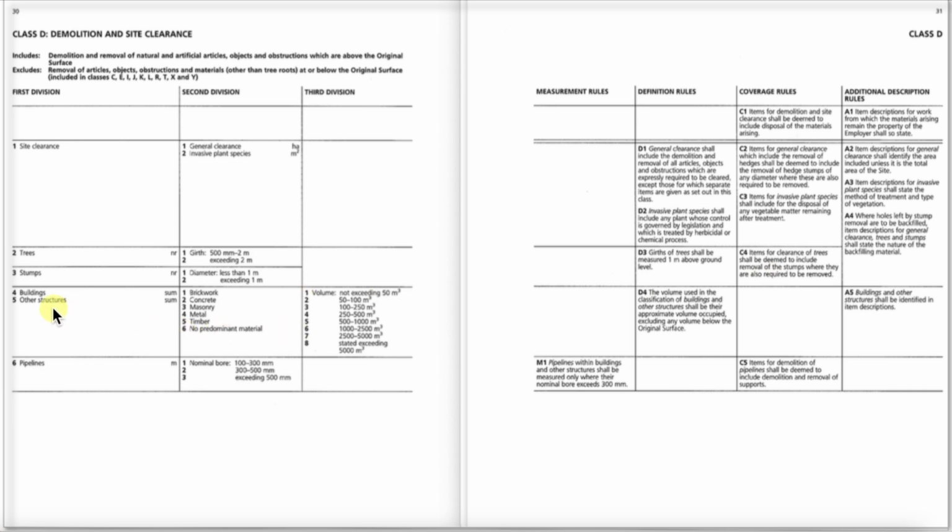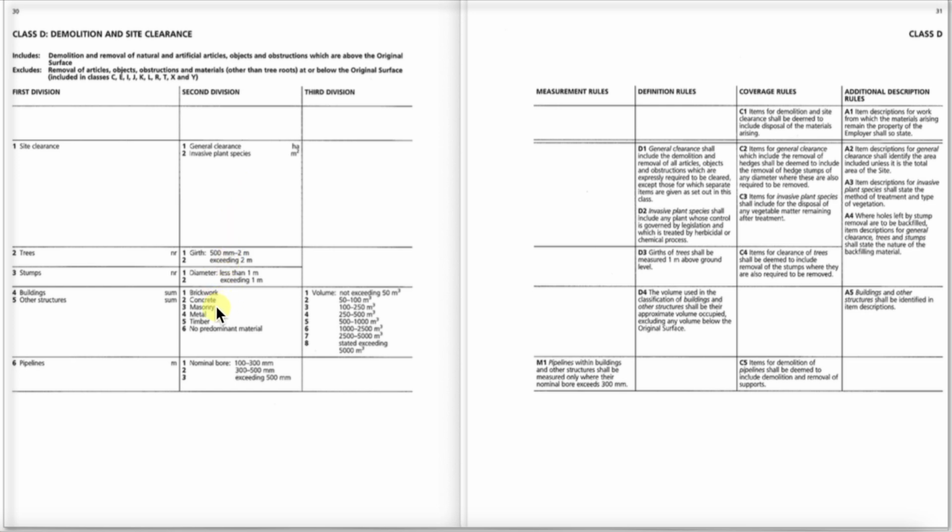Now then we move on to item 4 in the first division, buildings. It's quite possible that we have buildings to demolish, and that is a sum. It's a sum of money. We don't measure the building, we don't quantify it apart from its volume, and let's see how we do that. But we do have to state the predominant material of that building in the second division.